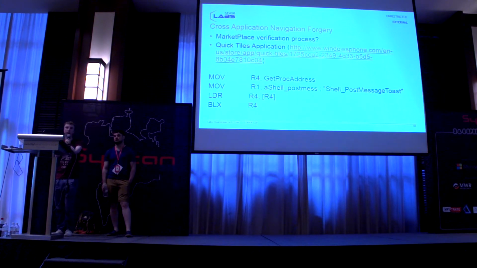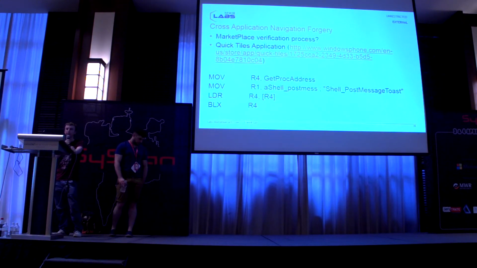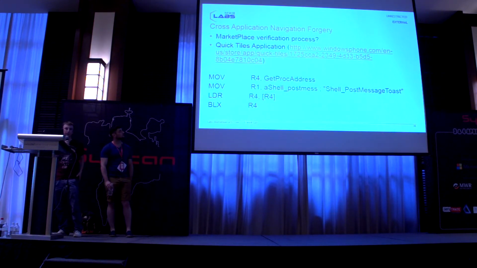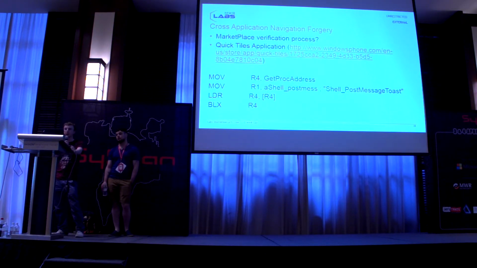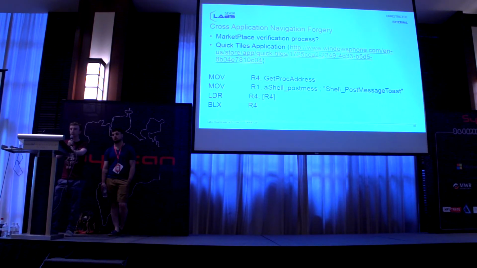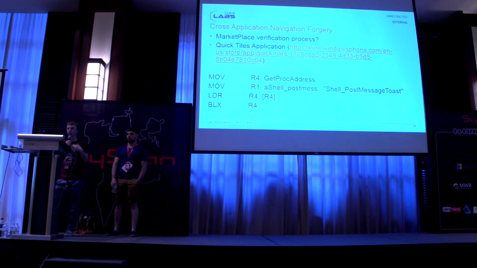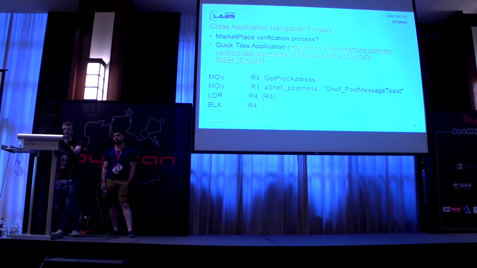So my thoughts were, well, surely Microsoft's marketplace validation will detect this kind of thing as well, the use of undocumented APIs and dynamic calling of functions at runtime. But no, it seems like you can use GetProcAddress to resolve the function address, and then branch to that address, and this doesn't get detected by the marketplace currently.